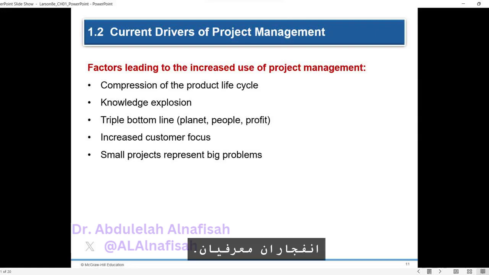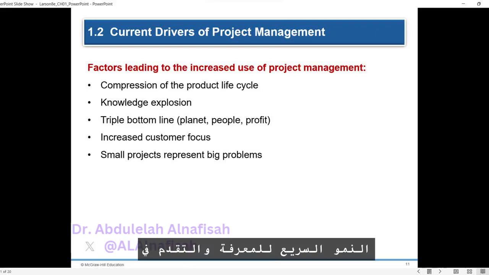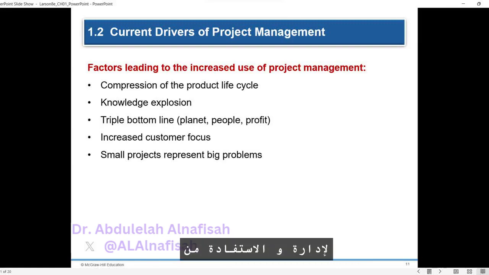2. Knowledge explosion. The rapid growth of knowledge and advancements in various fields requires specialized expertise to handle complex projects. Project management provides a structured approach to manage and leverage knowledge effectively, ensuring that projects are executed with the necessary expertise and skills. 3. Triple bottom line: planet, people, profit.